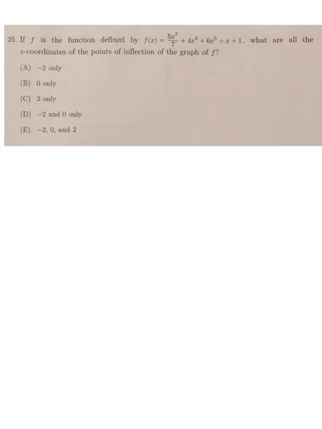Okay, so they want to know all the x coordinates of the points of inflection. So I'm going to take the first and I'm going to take the second derivative. Okay, so first derivative is going to be 5x to the sixth plus 24x to the fifth plus 30x to the fourth, and then plus 1.